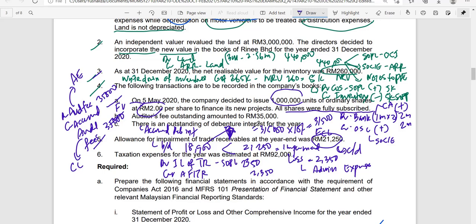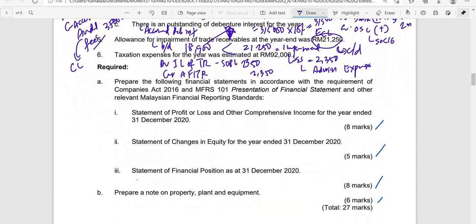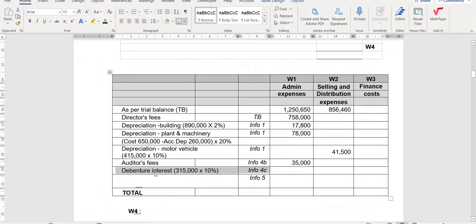So this is the one that you will debit to your debenture interest, and you will credit your accrued debenture interest, and this will be included under the finance cost. So the finance cost, you now get one of them, which is debenture interest. Any other loan interests are also part of finance cost. Bank overdraft interests are part of finance cost. Same goes if you have redeemable preference dividend.